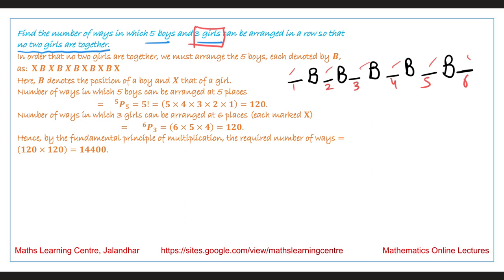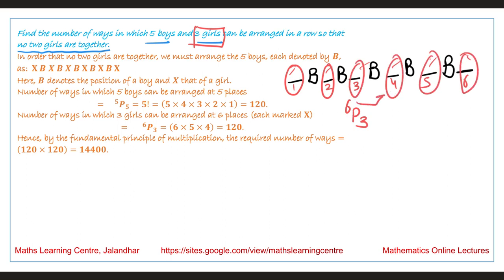So the number of ways we have is 6P3. That is, out of these 6 places we are choosing 3 places. And the boys, these are the positions of the boys. The number of boys is equal to 5, and the number of positions we have is 5.